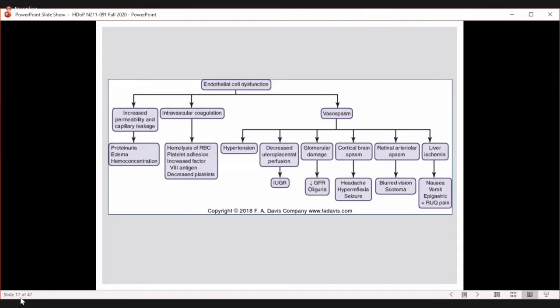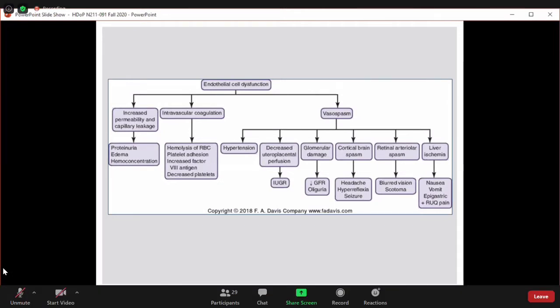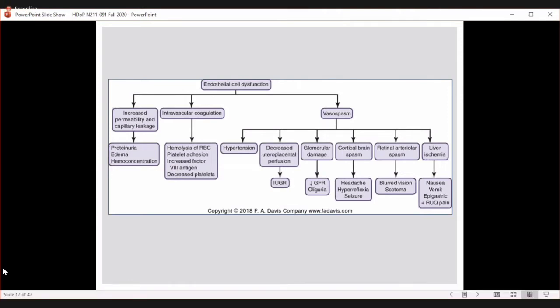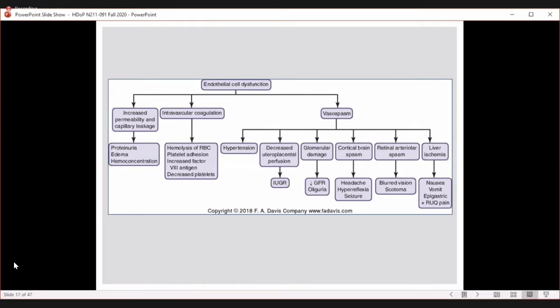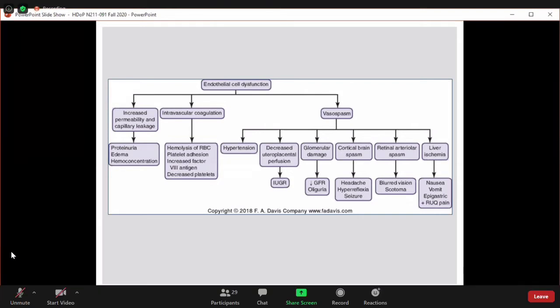So your organs, such as the kidney, are going to have less blood flow. You're going to have less urine output. So if you think about this patient, it's not necessarily that the patient doesn't have a sufficient amount of fluid in the body. It's just in the wrong place. The fluid is in the tissues instead of being in the vascular space.